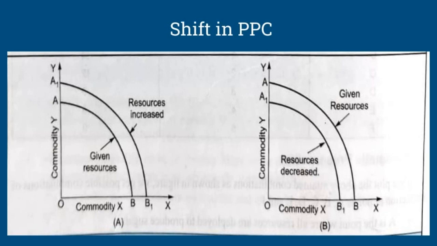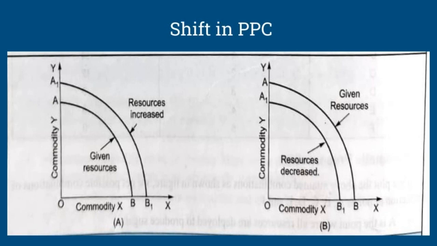Further, the amount of resources being used in the production process has been increased, and because of this increase in the amount of resources, the PPC is shifting from AB to A1B1, thus showing a rightward shift. So this image is showing rightward shift in PPC.